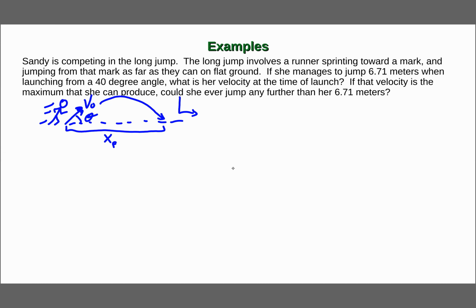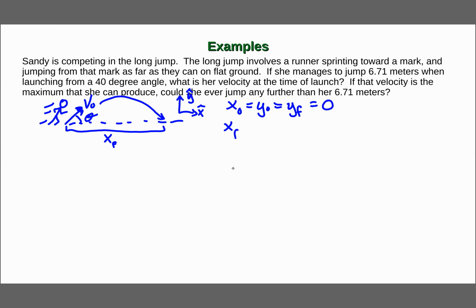I'm going to choose x in the direction of the ground, y in the vertical direction. And then I'm going to choose my origin so that x naught equals y naught equals y final equals 0.